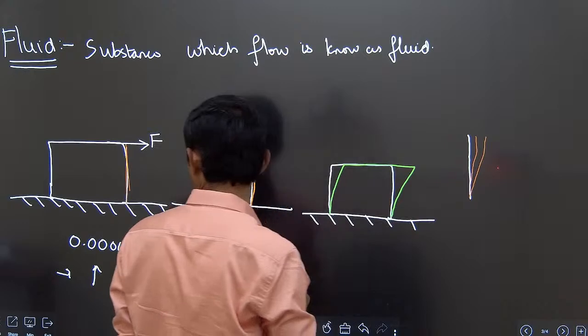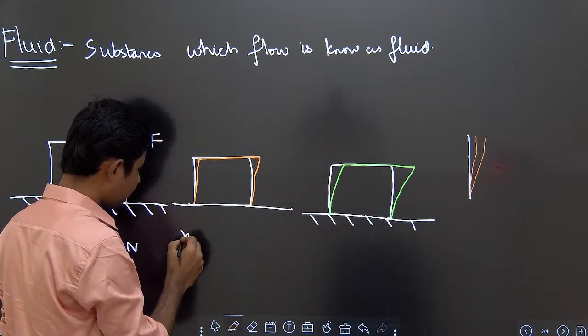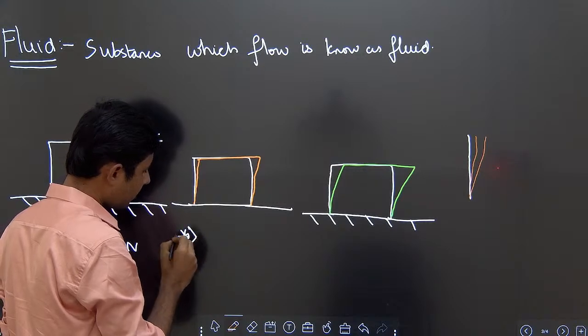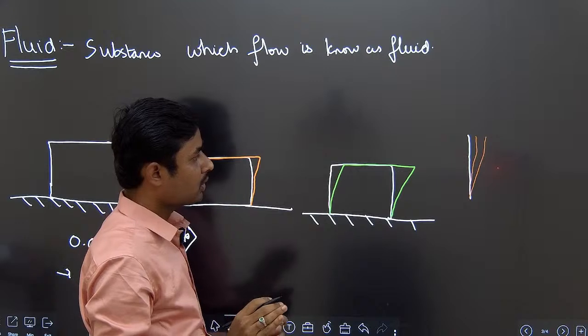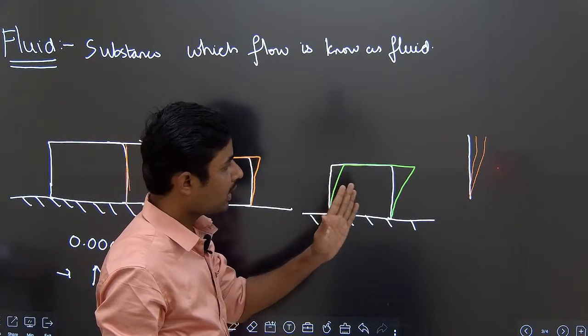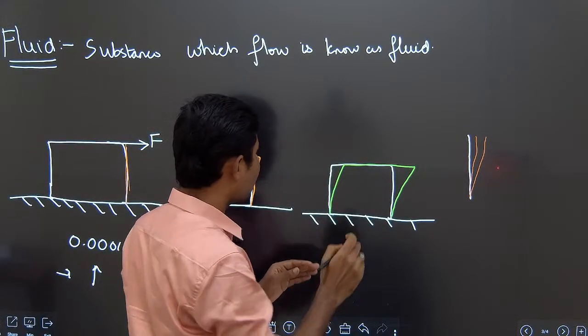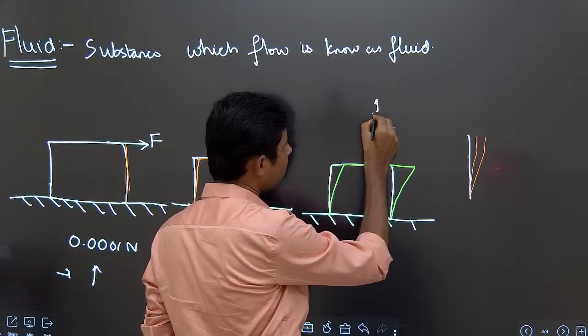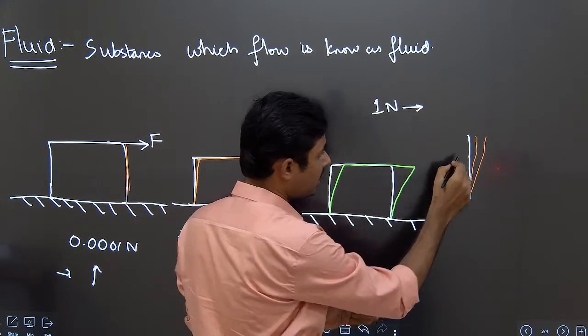Now for a solid, there are a few points. Whenever you apply a force, it gets deformed up to a certain limit only. It is not getting deformed continuously. It means if you apply 1 Newton force, then it will deform one step here.